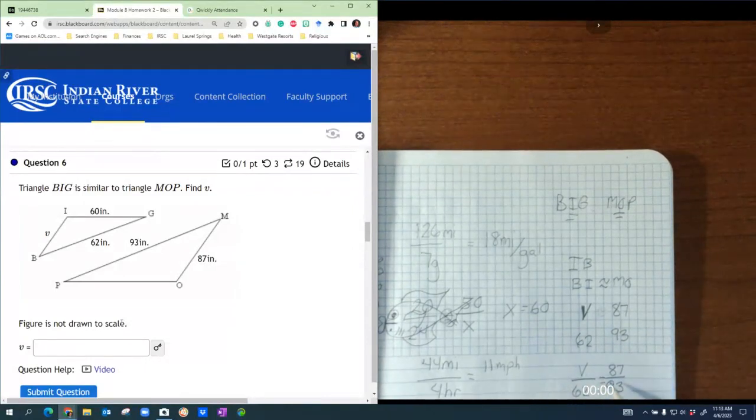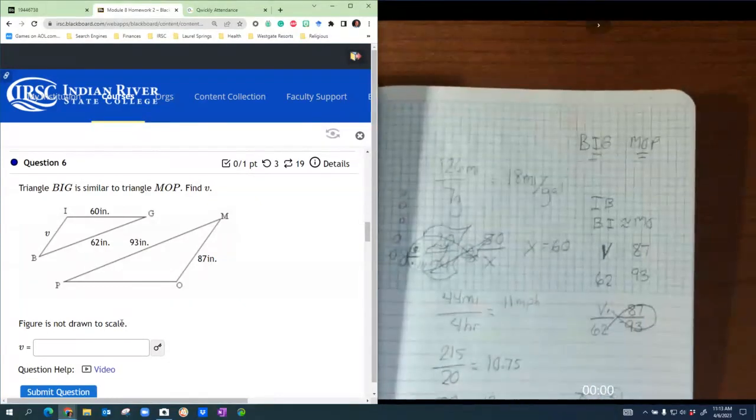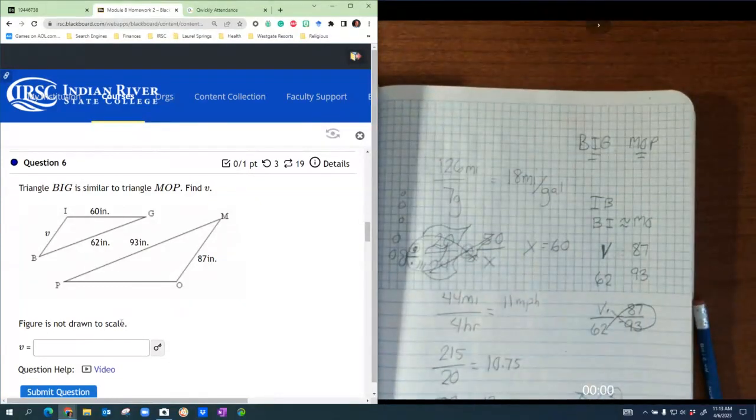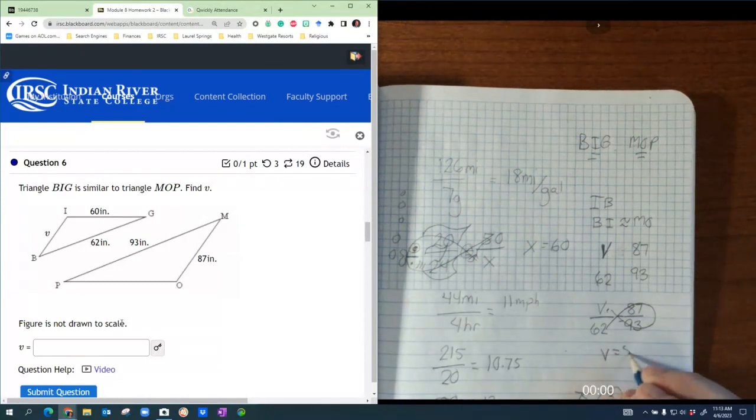Now I have that. I'm going to cross multiply and divide, and it gives me our answer. So that's how this works. 62 times 87, and then divided by 93. I get 58. So V is equal to 58.